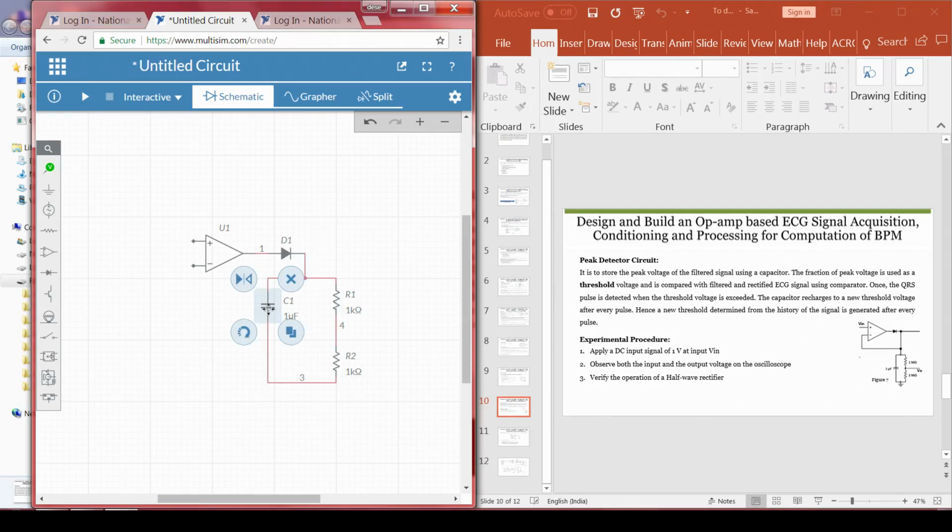So, whichever AC signal peak value is there, that will be charged inside the capacitor. The purpose of these resistors is to provide a threshold. We are setting a threshold using a 1 mega ohm resistor and a 2 mega ohm resistor. When we calculate, if we recall, it is somewhere around 66%, right. So, I am taking 1 mega as R1 and 2 mega as R2.